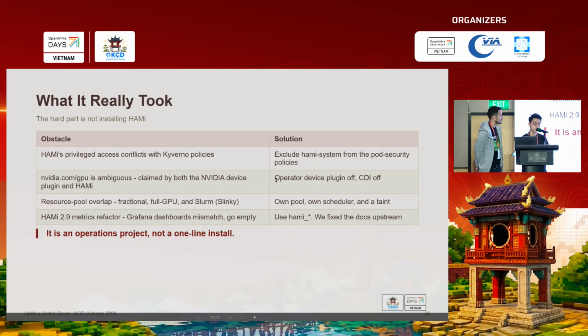And with the latest version HAMi 2.9, the metrics were refactored, so the Grafana dashboard may mismatch because it uses the HAMi prefix, but we fixed it and we even contributed to the upstream already. Remember that HAMi is an operations project, not a one-line install. So sometimes it can be hard.